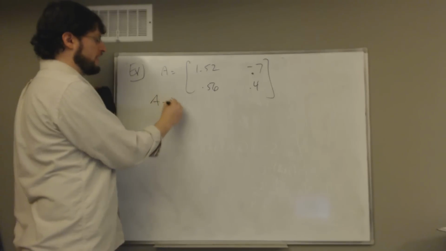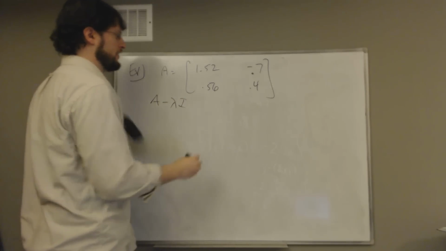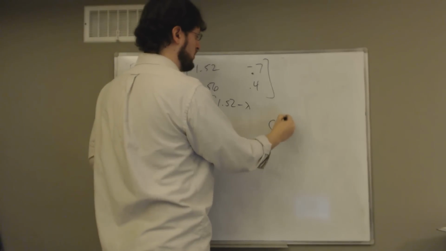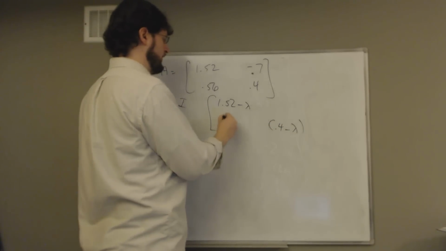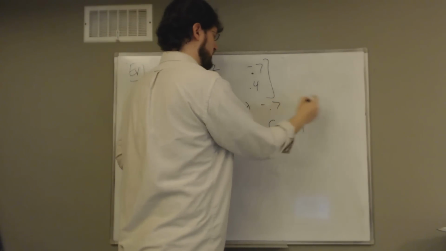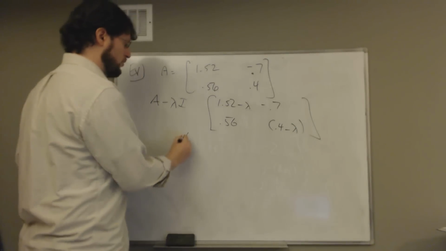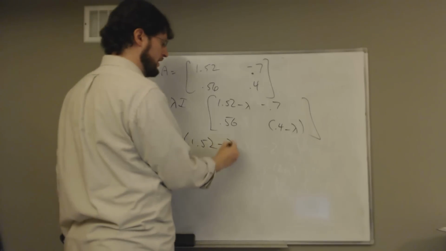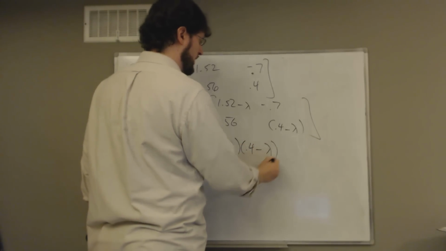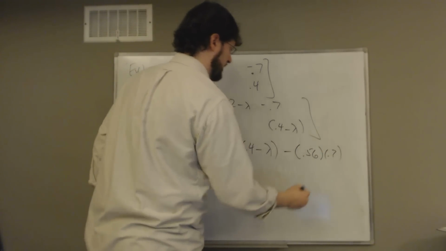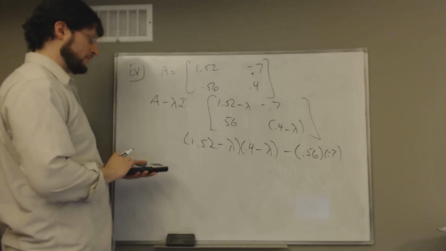To find the eigenvalues, we look at A minus lambda I: 1.52 minus lambda, 0.4 minus lambda, 0.56, minus 0.7. When we take the determinant, we get 1.52 minus lambda, times 0.4 minus lambda, minus 0.56 times negative 0.7.